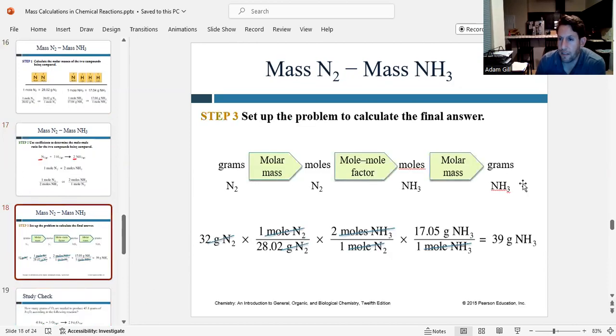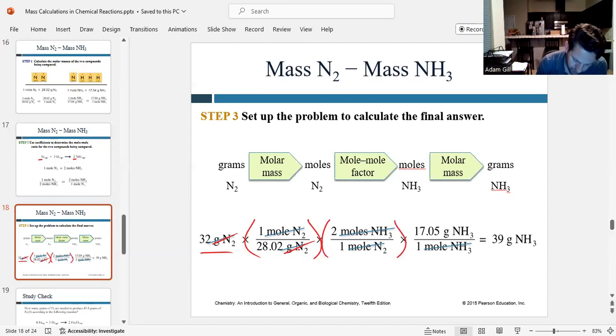Next thing we're going to do is set it up. So you start with the grams that were given. And they gave us 32 grams of N2. Then we're going to use our molar mass of N2. We want grams of N2 on the bottom, moles on top. So 1 mole for every 28.02 grams. Grams of N2 cancels. Then we're going to use the mole-to-mole ratio.